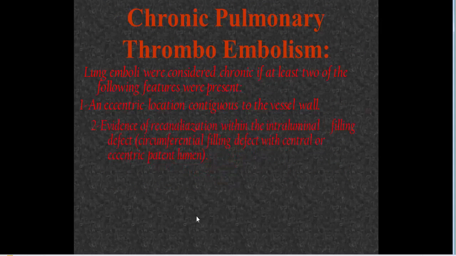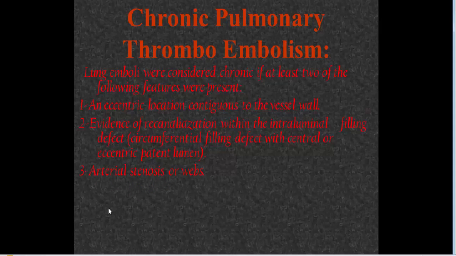Thromboembolism is considered chronic if at least two of the following features are present: eccentric location contiguous to the vessel wall, evidence of recanalization with an intraluminal filling defect, circumferential filling defect with central or eccentric patent lumen, arterial stenosis or webs, reduction of more than 50% of the arterial diameter, and complete occlusion at the level of the stenosed arteries.